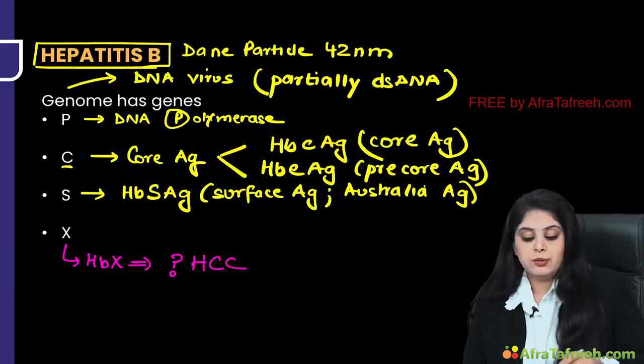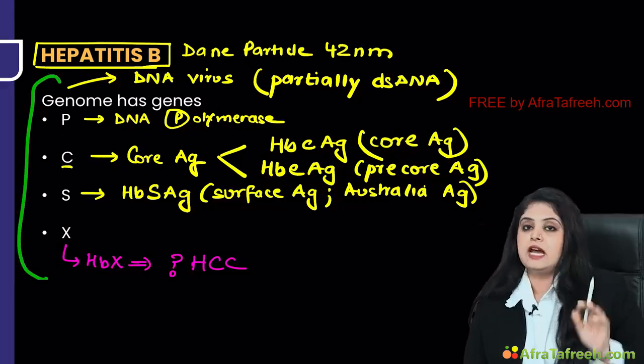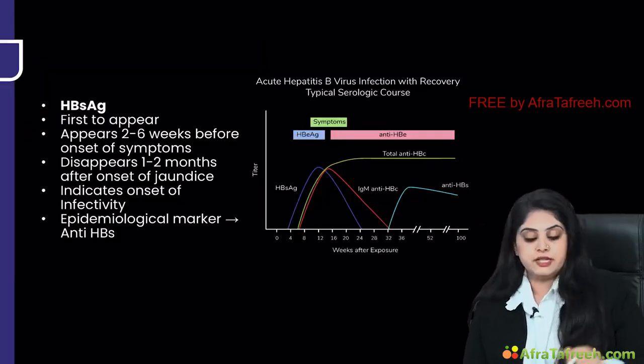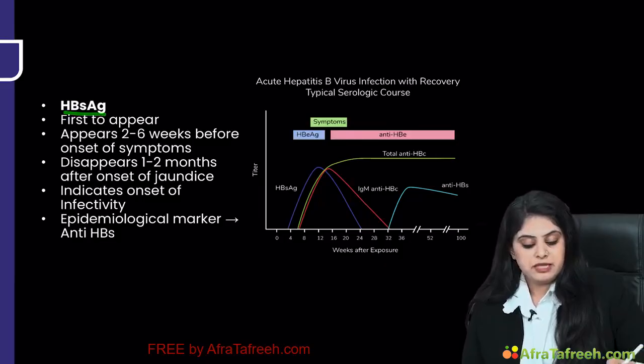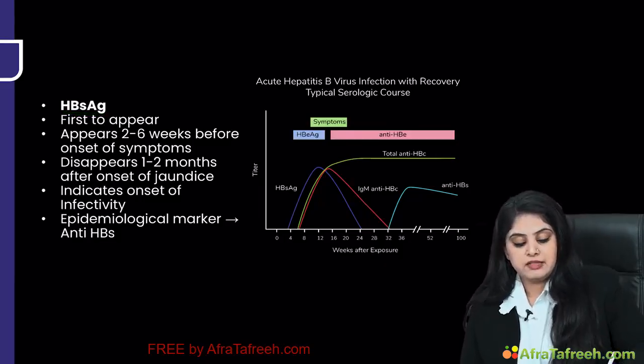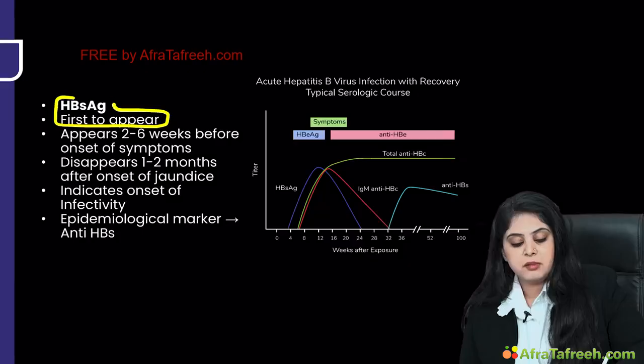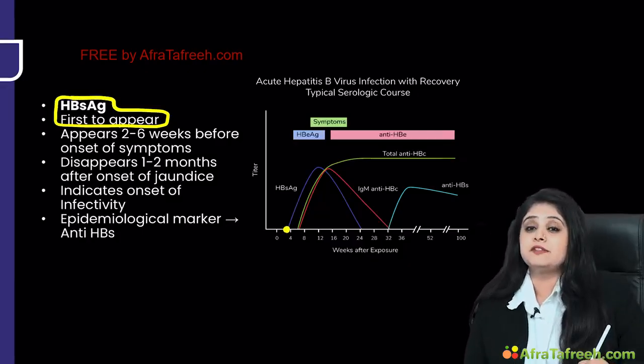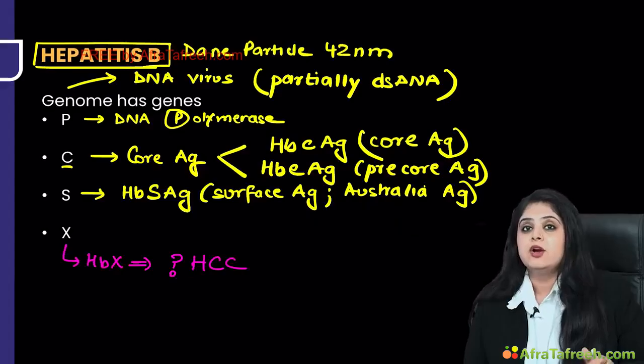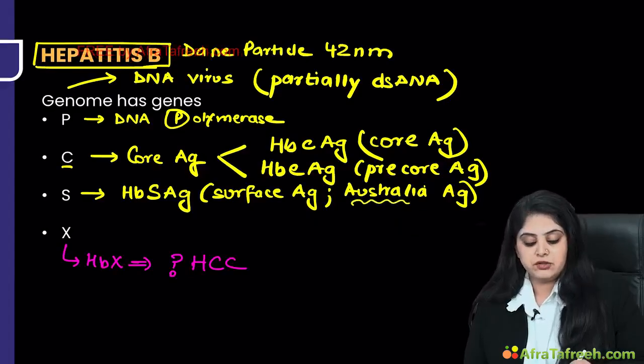Once you have understood all of these, I can take you into the lab diagnosis. When I'm talking about hepatitis B, the very first marker to appear is hepatitis B surface antigen. What is the other name of hepatitis B surface antigen? It is the Australia antigen.